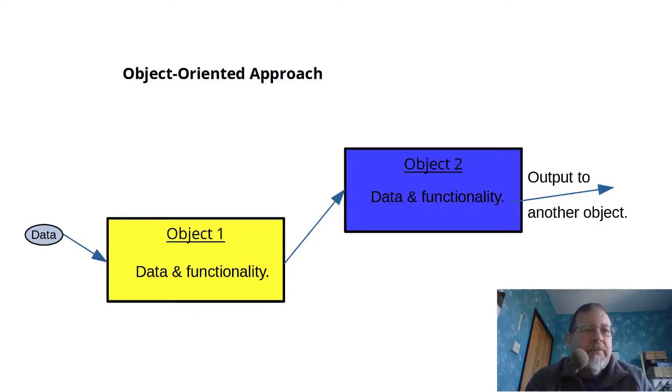Define the object and its interfaces and test it, and then we know how that's going to interface with other objects, rather than having a huge great chunk of code, and if it doesn't do what it's supposed to, we don't know where the problem lies.